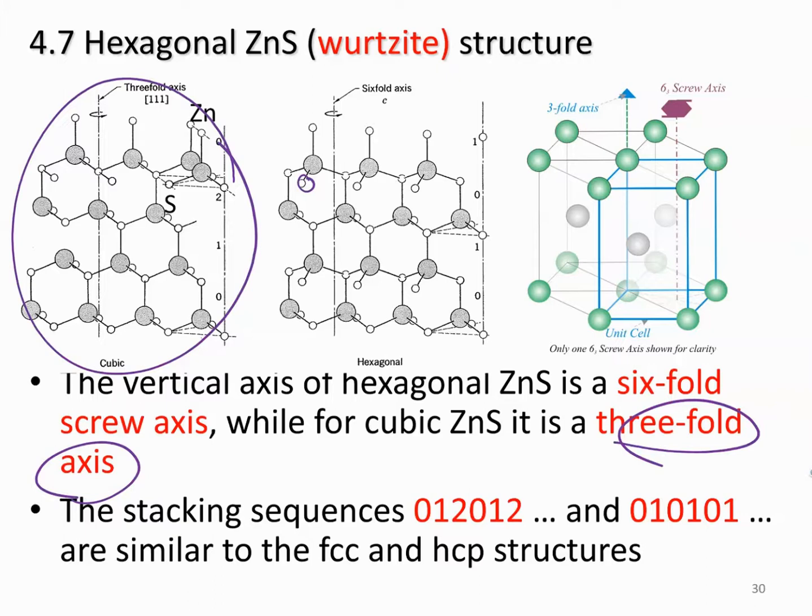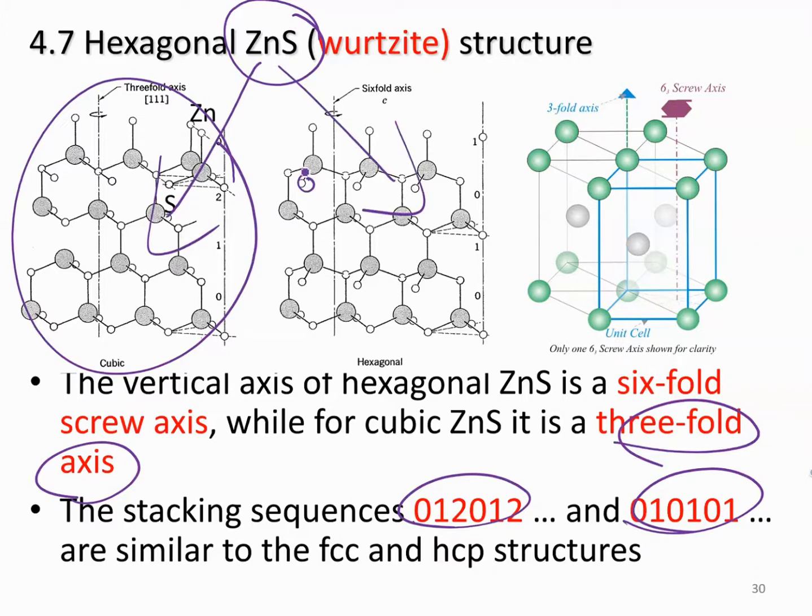So the stacking sequences of ABC and AB for the FCC and HCP will generate different symmetry. At the same time, the same type of material like zinc sulfide can crystallize into two different arrangements.